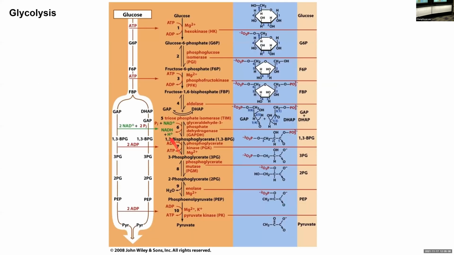All right. Now we're going to delve into glycolysis, and we'll talk about each step: what the reactants are, what the products are, how the reaction occurs, and what kind of enzymes or coenzymes are involved.